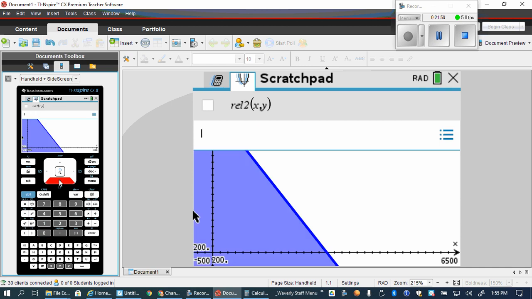So don't. And then the other one is 0.1 X plus 0.4 Y, less than or equal to 6. Oh, this is not fun.